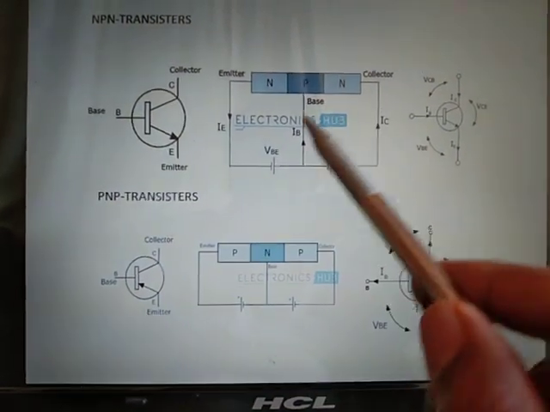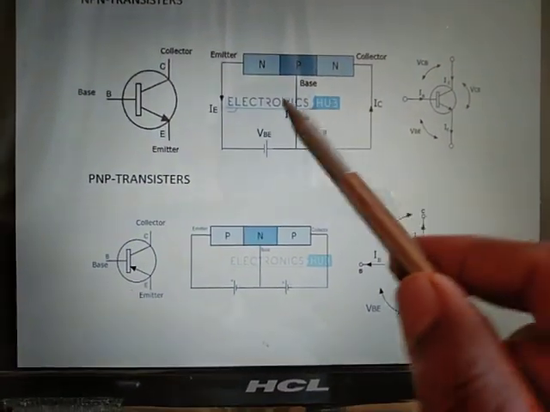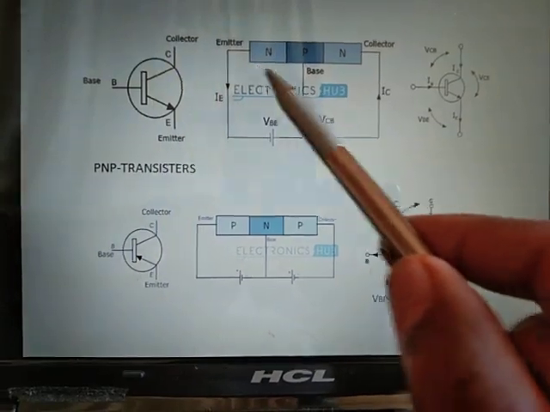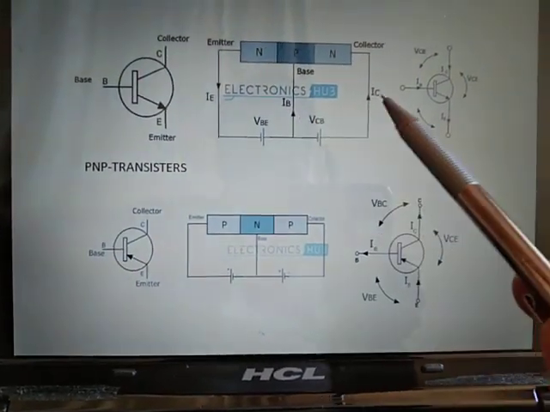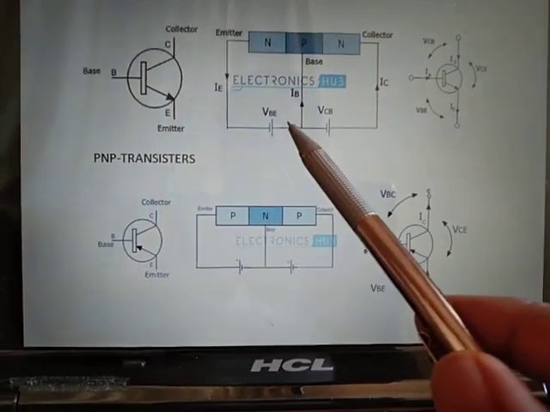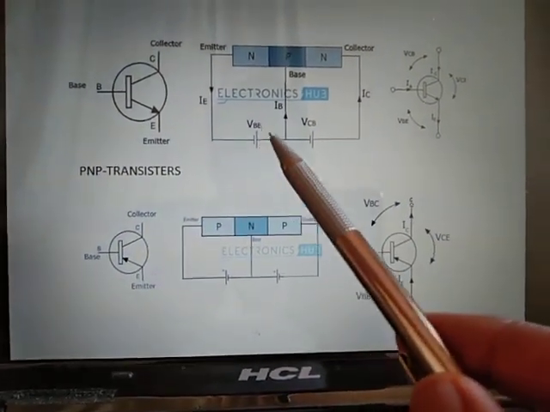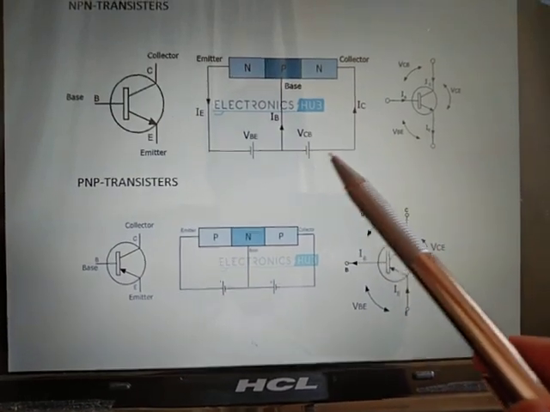And this is a simple circuit of an NPN transistor, using emitter, base, collector. Supply the currents: emitter current, base current, collector current. Supply the voltages: VBE and VCB, base emitter voltage, collector base voltage.